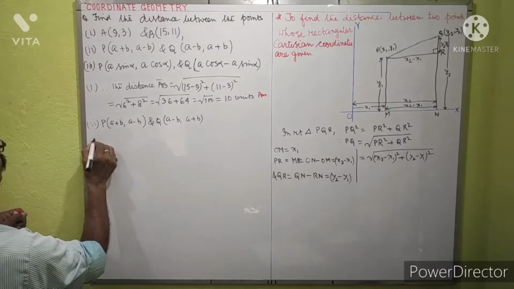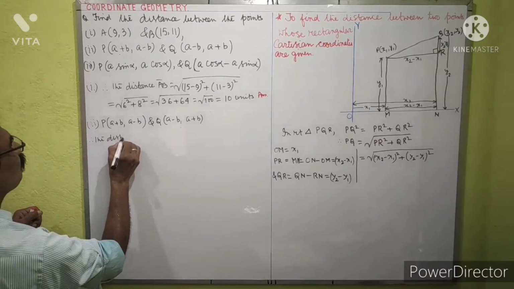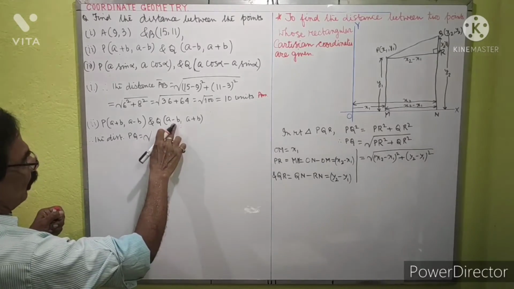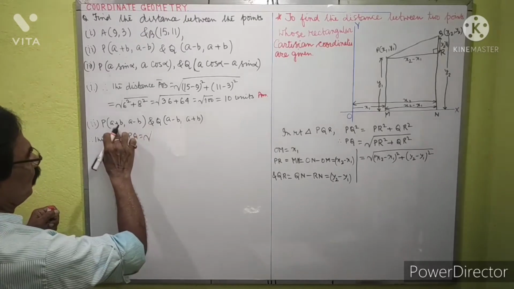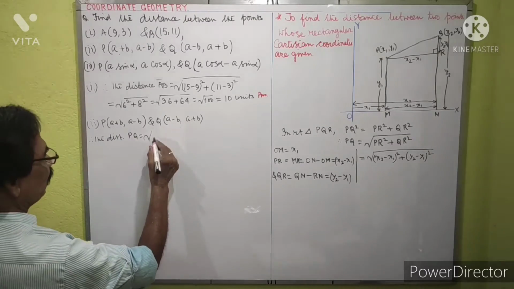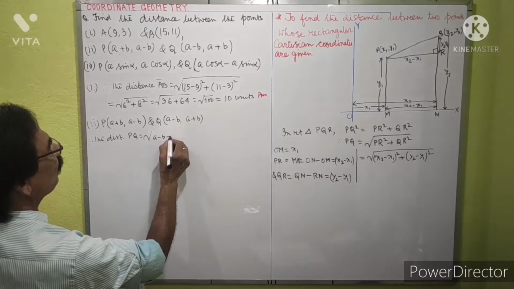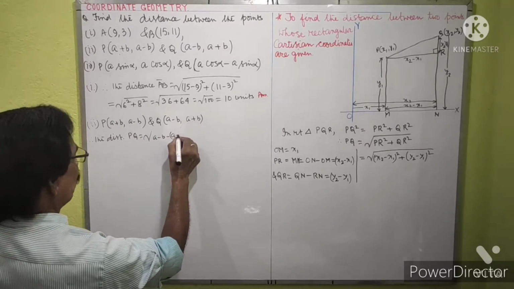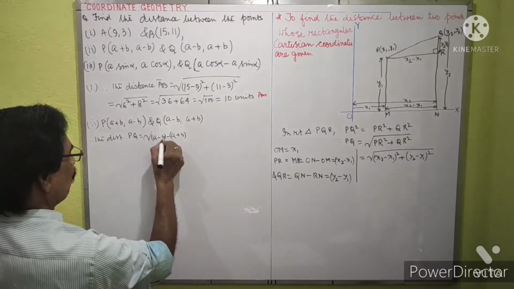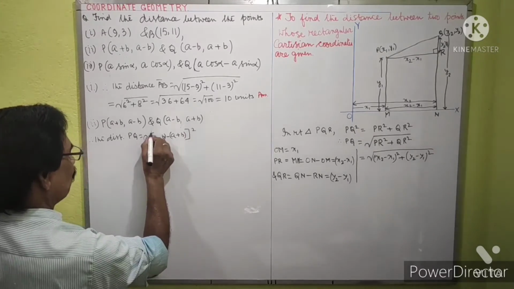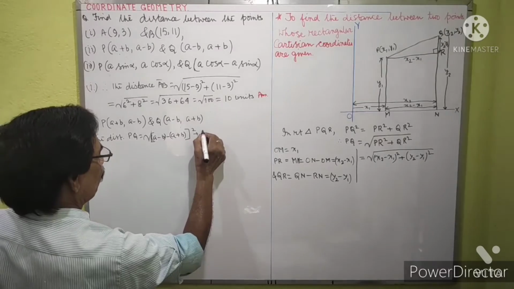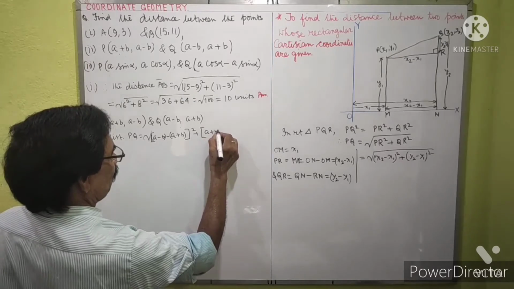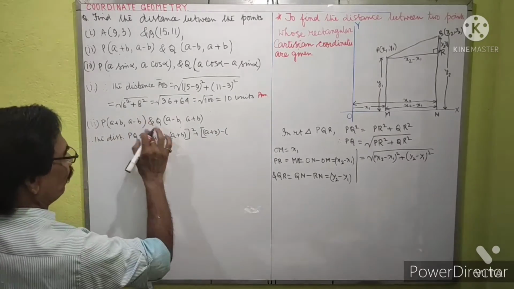Therefore the distance PQ equal to root over of (a minus b minus (a plus b)) square plus (a plus b minus (a minus b)) square, where this is x2 and this is x1, this is y2 and this is y1.